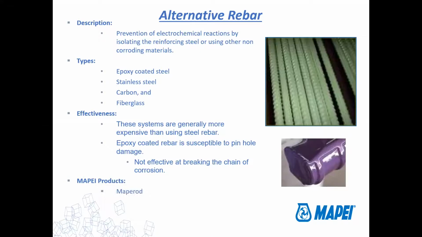We do sell some carbon bars, the MAPEI rod system, but we are not selling large quantities of it. We are more, again, on the repair side of things. So we do some localized repairs. Generally, when you're on the top side of a slab and you need to do some localized negative moment reinforcement, you can use carbon bars as that reinforcement in a little saw cut, and then know that it's never going to corrode.